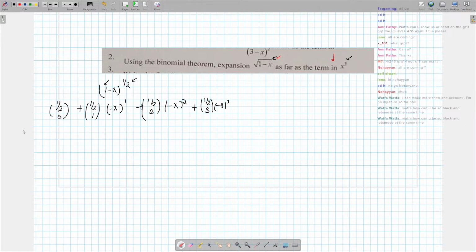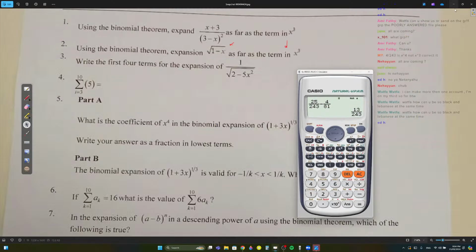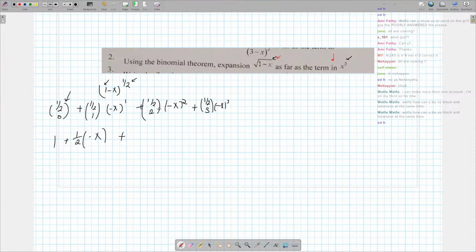Thank you, mods. Okay, half C0 is 1. Half C1 is half times minus x, because minus x to the power of 1 is minus x. Plus half C2: you put 2 factorial down, and then you put half times half minus 1. You get minus 1 over 8.